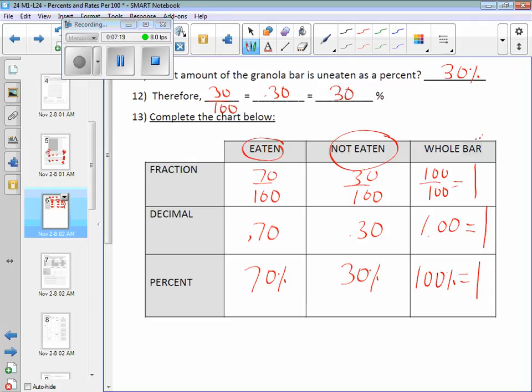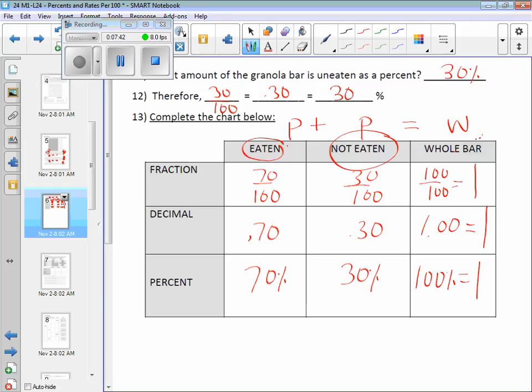Everybody repeat after me. Part, whole. The parts have to add up to the whole in any percent situation. So the part plus the part equals the whole. And I want you to put that at the top of each column.